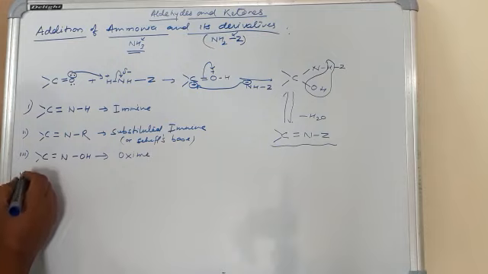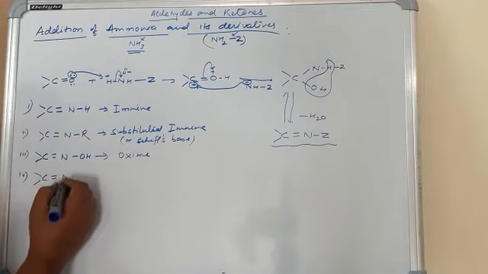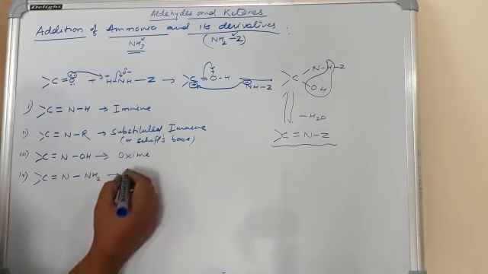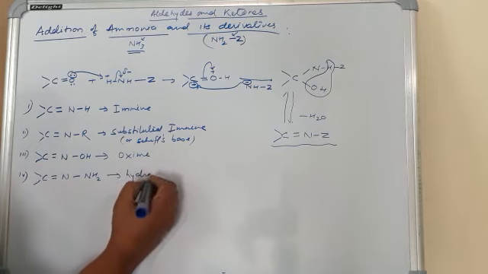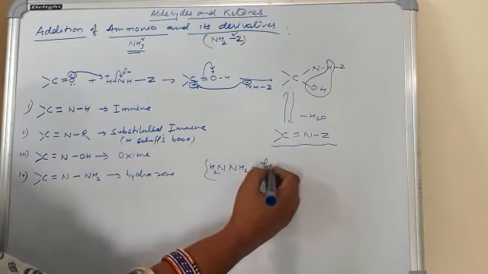And when nitrogen is attached with an NH2 group, it is known as hydrazone. The formula of hydrazine is NH2NH2. It is known as hydrazine.